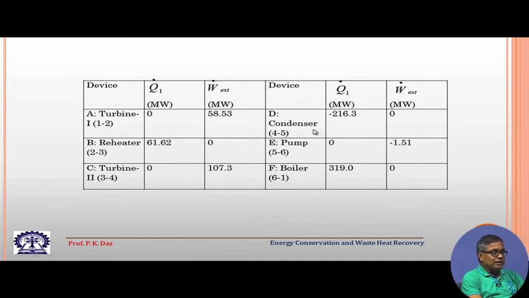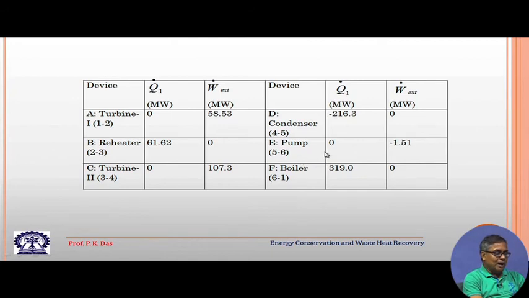In the condenser there will be heat rejection. So, this is negative, condenser is from 4 to 5. So, there will be a heat transfer. If we do H5 minus H4, we will get a negative quantity. So, it is minus 216.3, heat is rejected to the cooling water in the condenser, and obviously work done is equal to 0.